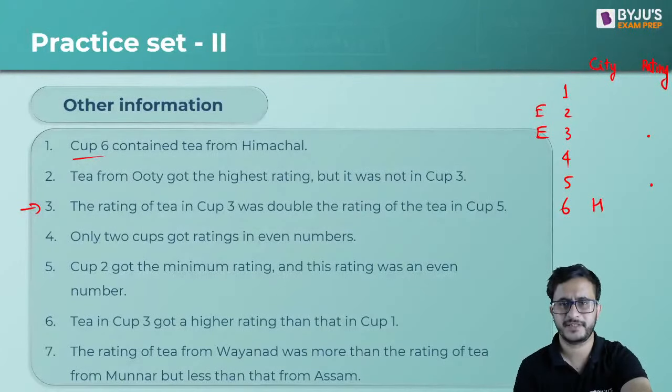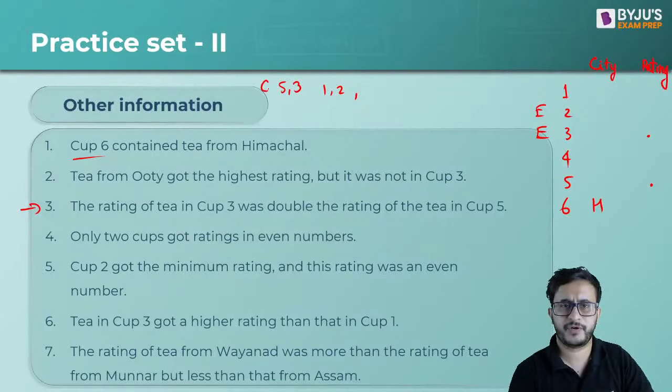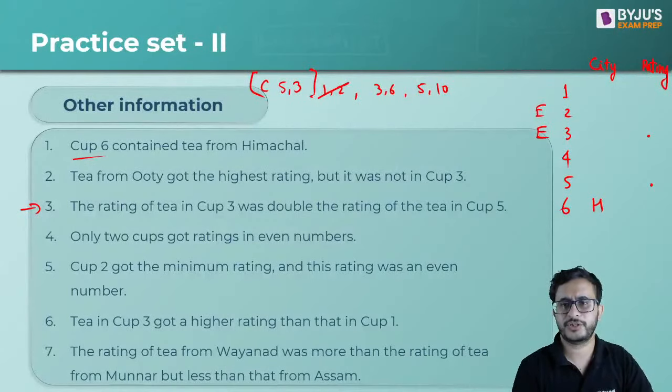Okay, that simplifies this. Now, what are the possibilities that cup 3 could get? Cup 5 has to be odd. So it can be 1 2, 3 6, 5 10. Now 1 and 2 is not possible because this has to be the least rating.